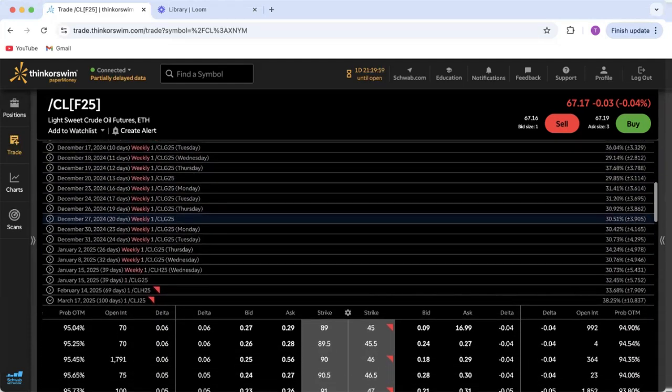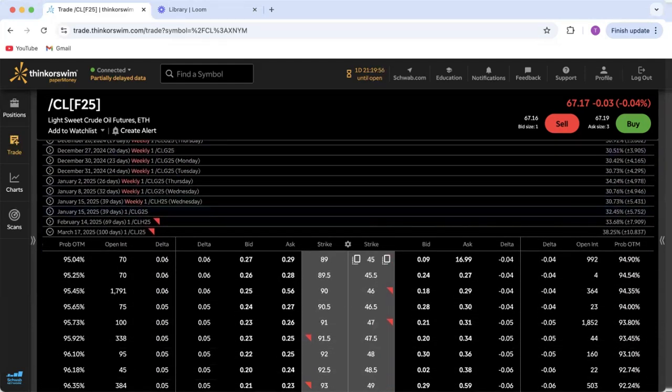What does delta mean? Delta is how much change the option is going to make versus every dollar the underlying moves. Okay, just like you said, the point. Every change in this is going to change, but it's not going to change by the same amount.